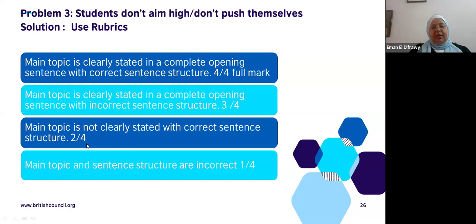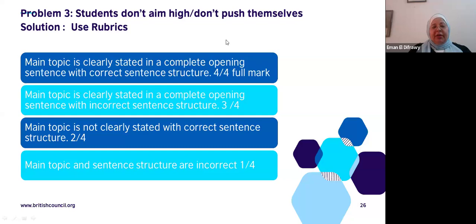Okay, they can take 2 out of 4 in this point. Main topic and sentence structure are incorrect. Please don't give your students 0 out of 4 because they tried. Okay, so give them a point for trying. Okay, because 0 is really very frustrating. So you can give 1 out of 4 for trying because they did write something. Okay.